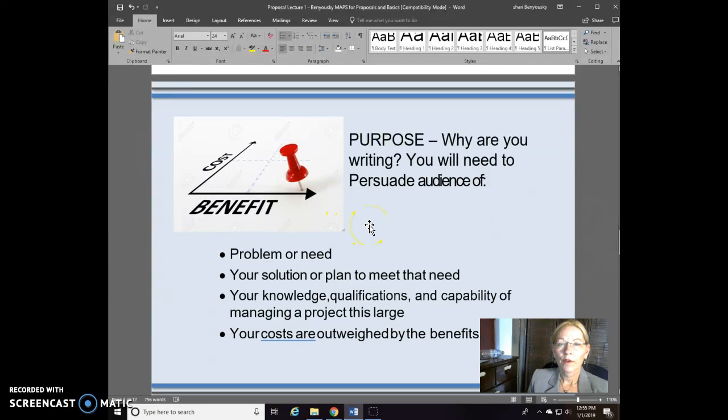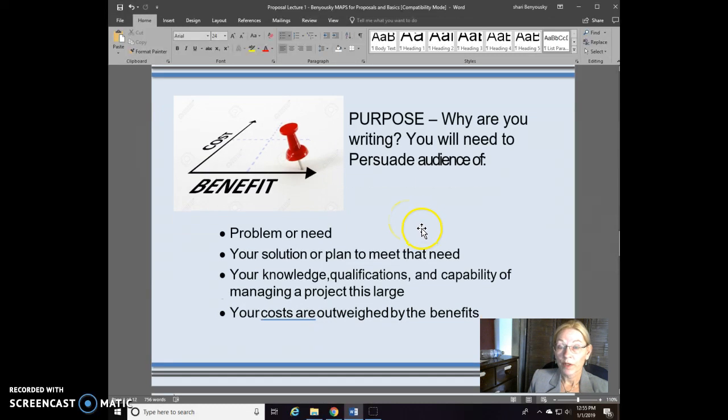All right, so the third section of MAPS is P, and that's for purpose. Why are you writing? Here you have to think about what you're persuading your audience about. Yes, it is persuasive writing. A proposal is definitely a persuasive writing tool because you need to persuade someone of a problem or a need that you can solve.